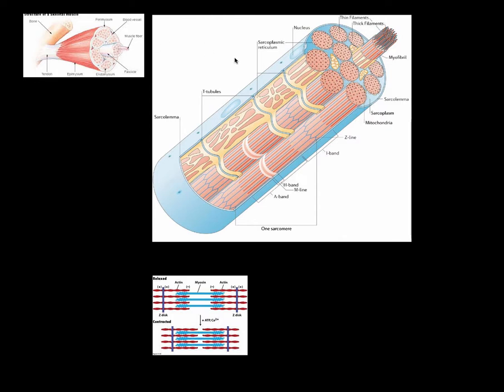Now, as we go over here, this right here is actually the muscle fiber itself, which is a muscle cell. The muscle cell is surrounded by a sarcolemma, which is a cell membrane.